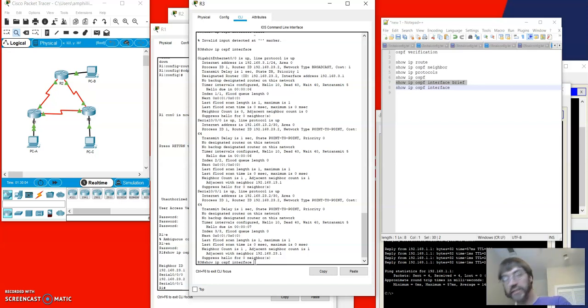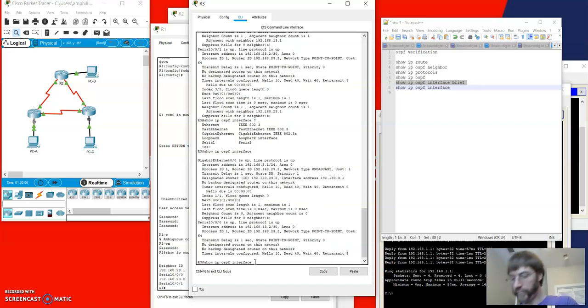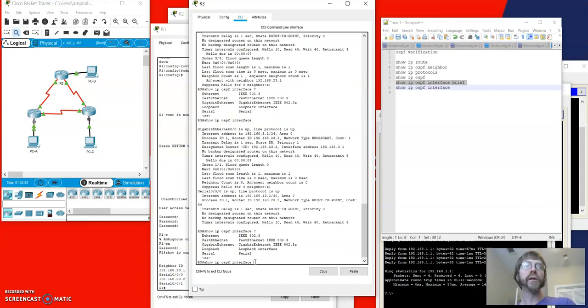Now let's see why it doesn't like the brief keyword. Okay. So show IP OSPF interface brief will work on physical hardware, but it doesn't actually work in Packet Tracer, unfortunately. There are some commands in these labs which, because they're designed for a physical implementation, may not quite work in Packet Tracer.